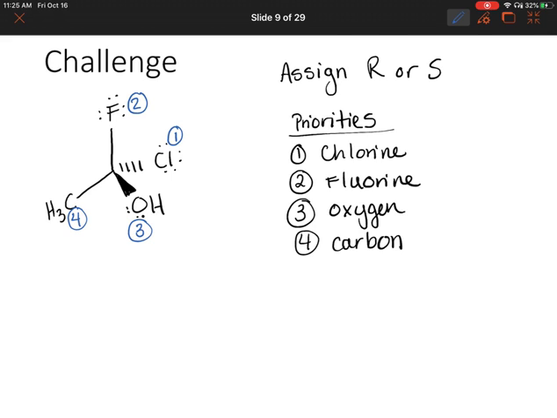So what we're going to do is turn the molecule slightly so that when we're viewing the molecule, the methyl group is in the back. We're just going to turn these bonds so that CH3 is in a dashed position. So I'm going to redraw the molecule.